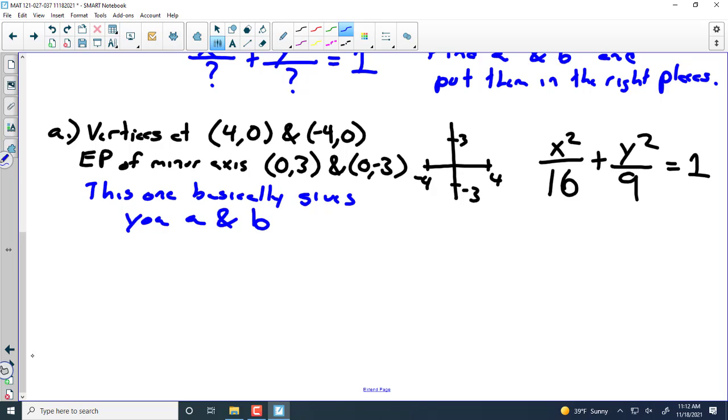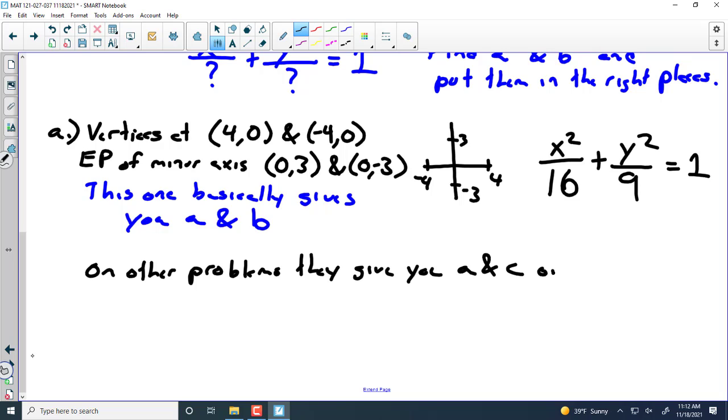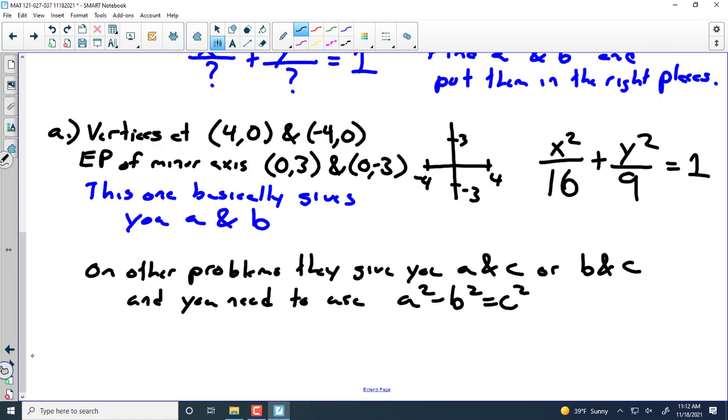But on other problems, they give you A and C, or B and C. And you need to use A squared minus B squared equals C squared. That's what's going to make these problems harder, is they're not going to tell you A and B. They're going to tell you A and C or B and C. And then you got to use this relationship of A squared minus B squared, bigger minus smaller, to find the missing letter.